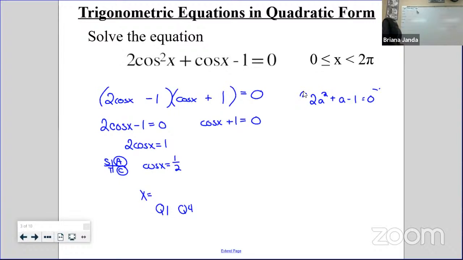We are only going from 0 to 2 pi, so I don't have to add in my plus 2 pi. And my reference angle that gives me a cosine of 1/2, what is that? Pi over 3. And pi over 3 in quadrant 1 is pi over 3. What's the pi over 3 in quadrant 4? Very good, 5 pi over 3.